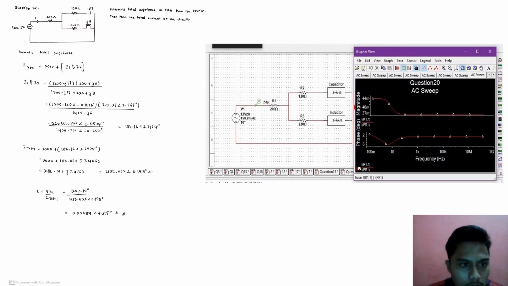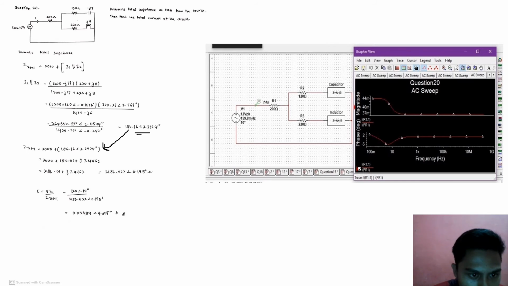We substitute the formula: (1200 minus j17)(220 plus j11) divided by (1200 minus j17 plus 220 plus j11). So we calculate and get the answer 186.16. Then for Z total, we substitute this equation.